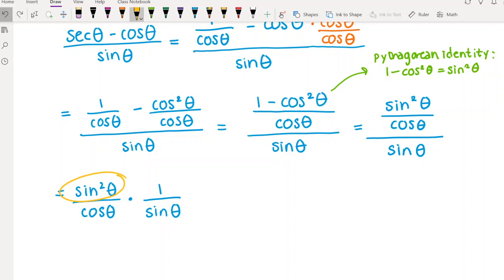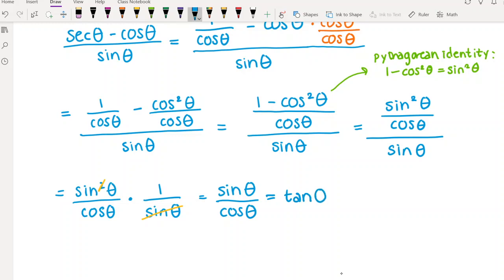When you multiply these together, basically the square is going to go away. It's like if you had an x squared and an x, it's the same idea. So we're left with sine of theta over cosine of theta, which is equal to tangent of theta, right? Sine of theta over cosine is the same as tangent.